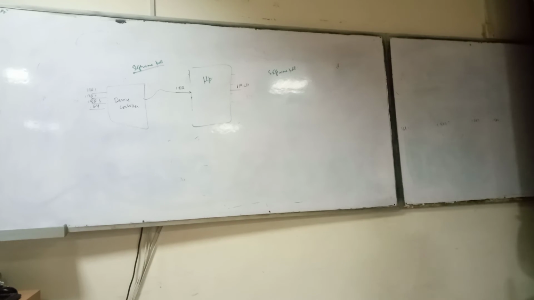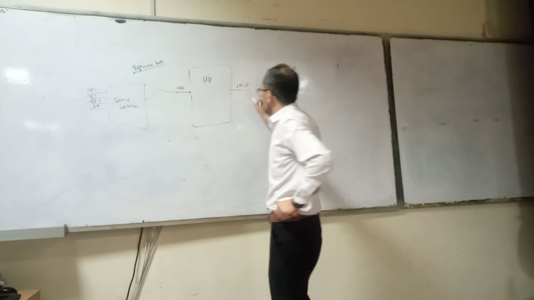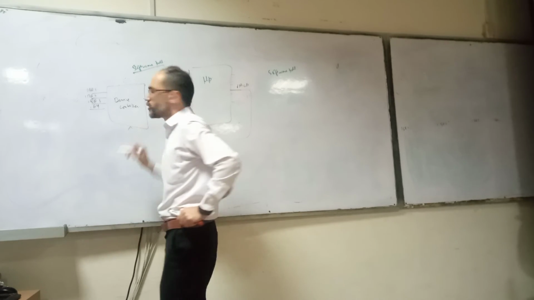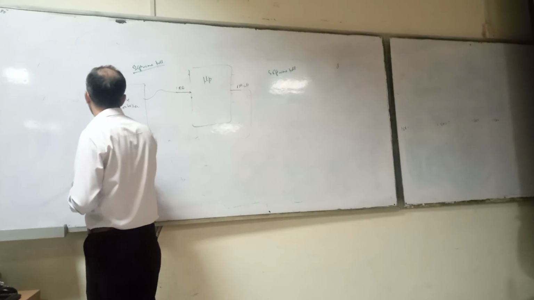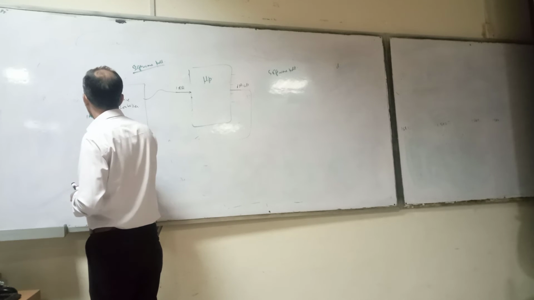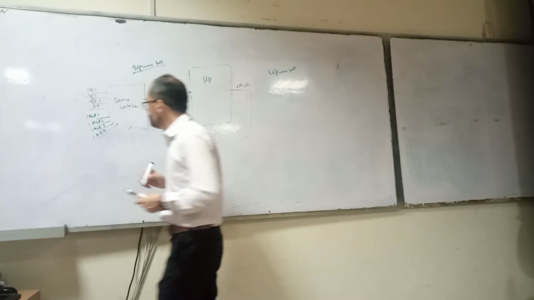Now the microprocessor acknowledges to this device controller, and the device controller will acknowledge: I acknowledge 1, I acknowledge 2, I acknowledge 3 and I acknowledge 4.